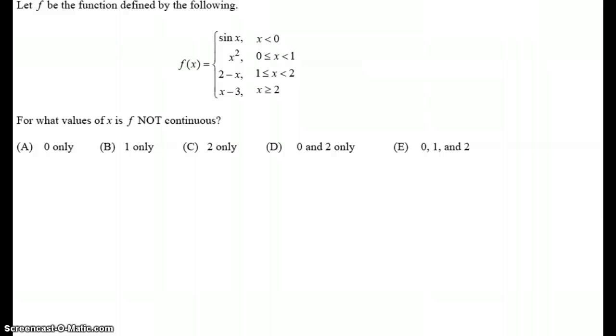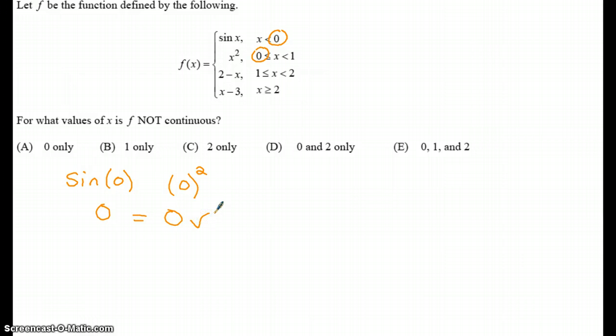And the way we can figure that out in a piecewise function is we can just substitute the interval endpoints and see if we get the same answer, because that would be the same as telling us where that function is headed. So I'm going to do the sine of 0 and 0 squared and check. So the sine of 0 is 0, 0 squared is 0, and those are equal.